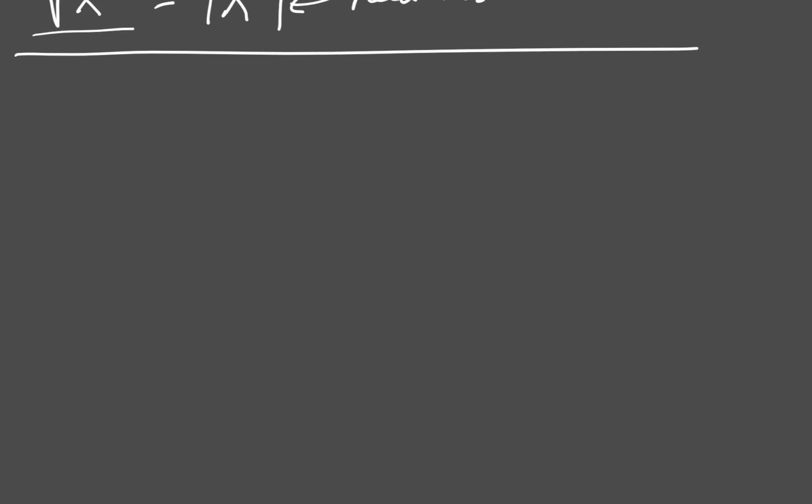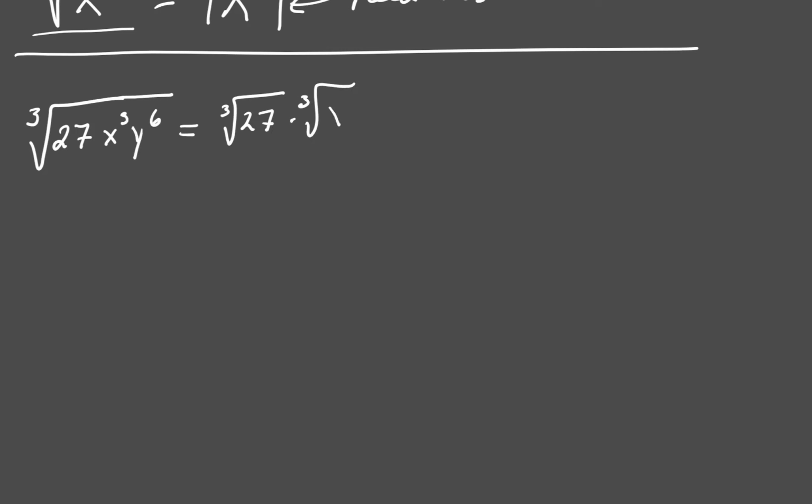Alright, let's see another example where I actually have some combination of numbers and variables inside this. So let's look at, say, the cube root of 27 x cubed y to the 6th. Okay, so I can break this up. I can take the cube root of 27 times the cube root of x cubed times the cube root of y to the 6th, and I get 3 times x times y squared.